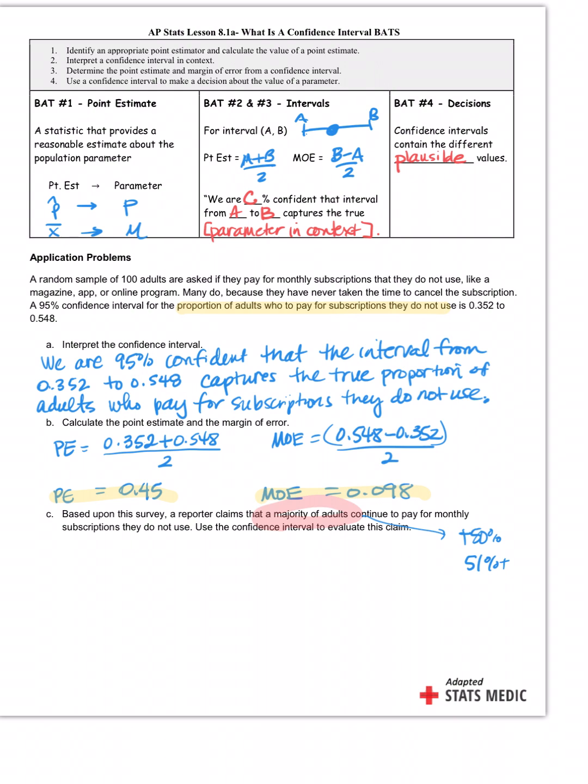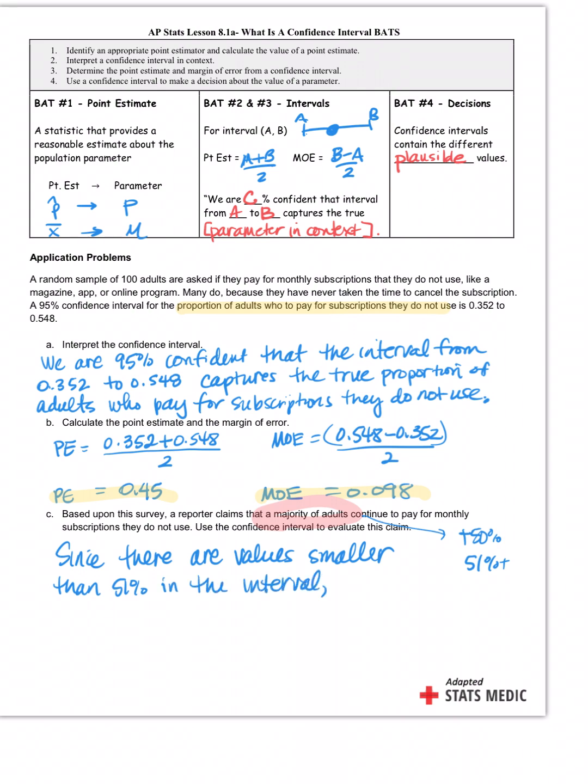So how would I state that? I would say, since there are values smaller than 51% in the interval, we have to deny the claim.